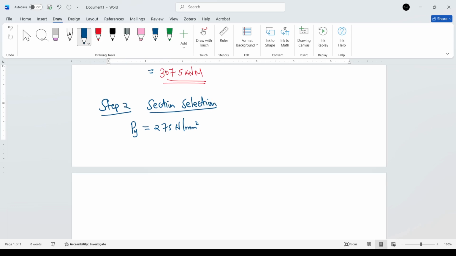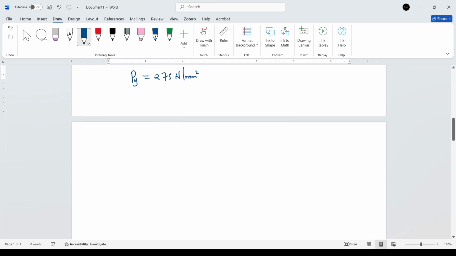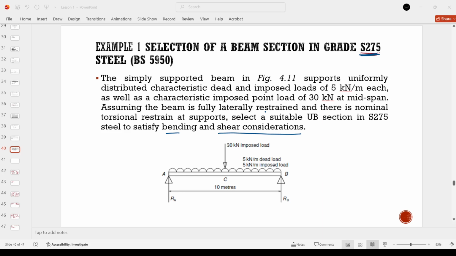Okay. So for us to obtain the section, we said we calculate the plastic modulus. Let me just show you reference that we indeed talked about that by taking you back to our PowerPoint.